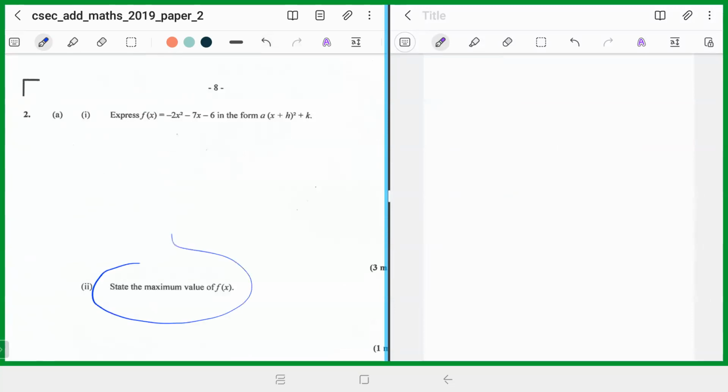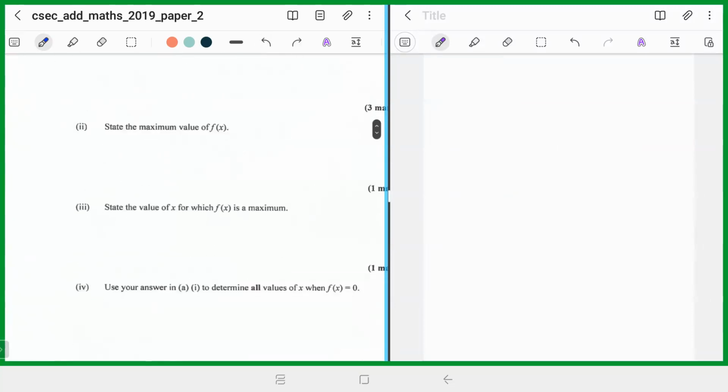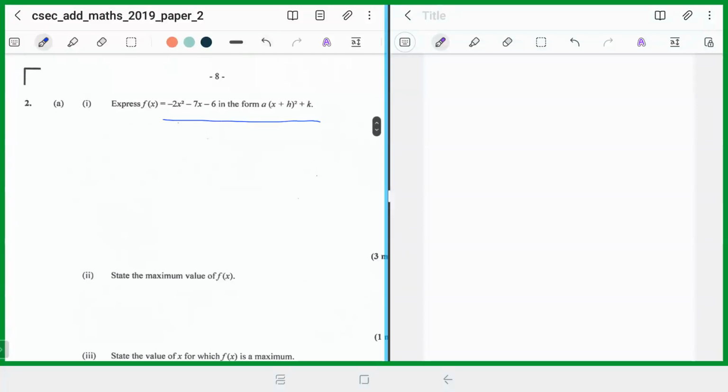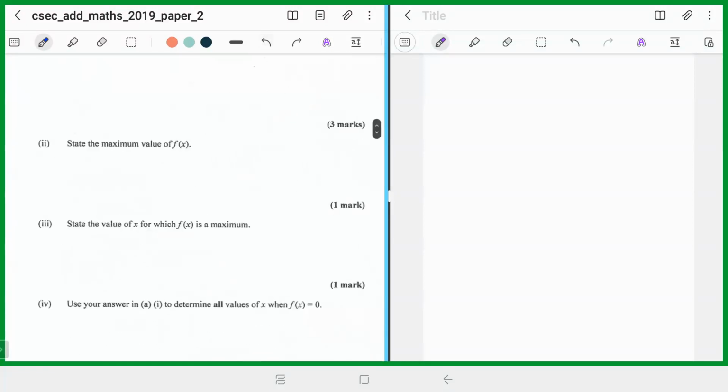It asks us for the maximum. And it asks us to state the value of x which gives the maximum. And then it asks us for this equals 0. But they want us to get it from the vertex form. They don't want us to use quadratic form. They want us to use this to solve this equation down here.